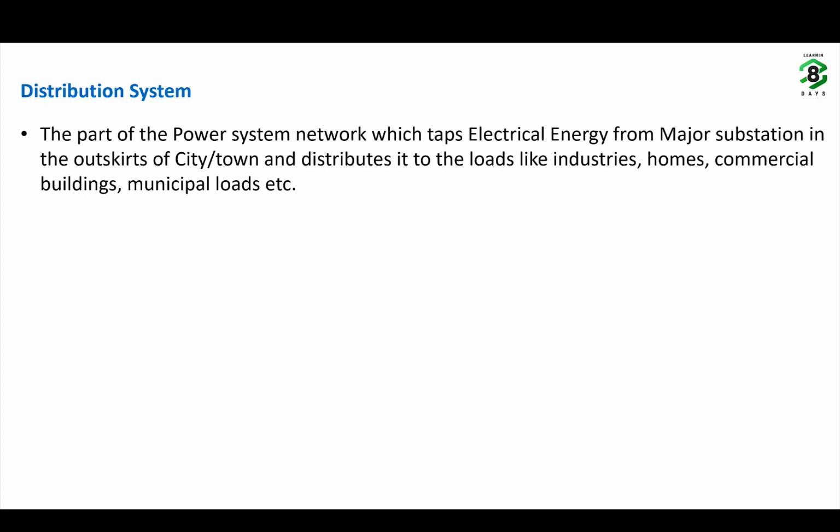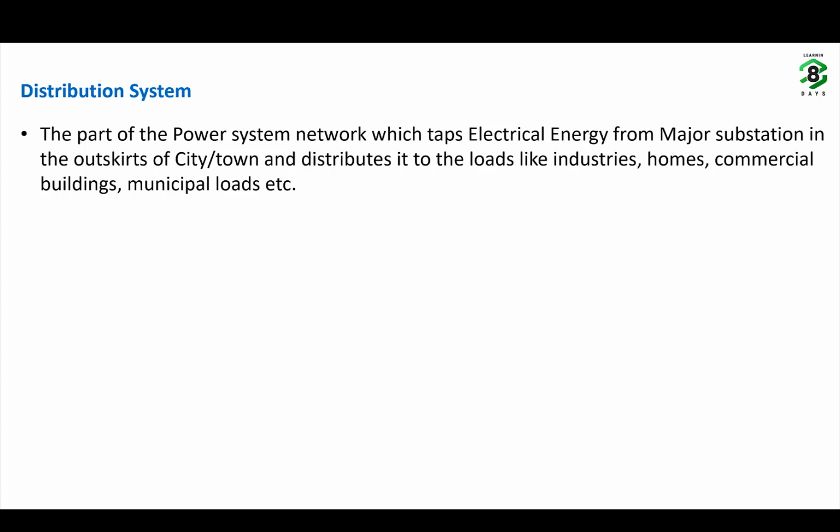It is a part of the power system network which taps electrical energy from the major substation in the outskirts of a city or town, and distributes power to loads like industries, homes, commercial buildings, municipal loads, irrigation loads, etc. So a distribution starts basically from the outskirts of a town or a city where a major electrical substation is present.